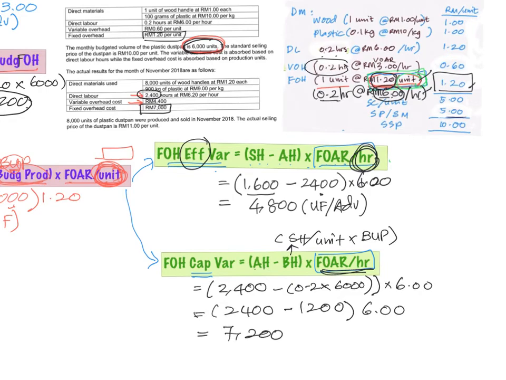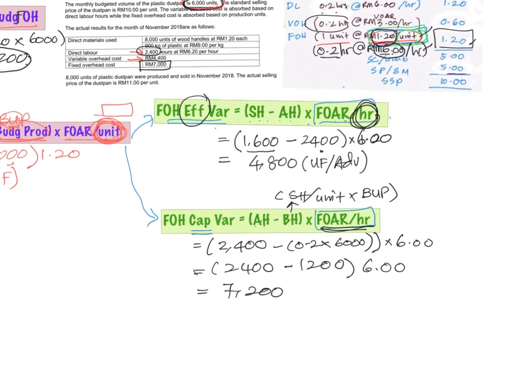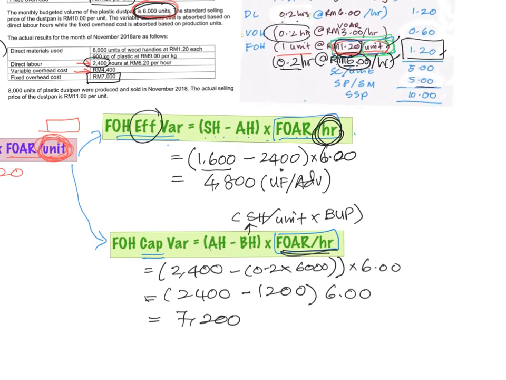7,200. So what does this 7,200 mean? As you can see, this is the actual hours worked. We are talking about capacity here. When we talk about capacity, we always want to have bigger capacity. So your actual capacity is 2,400, but you budget only for 1,200.